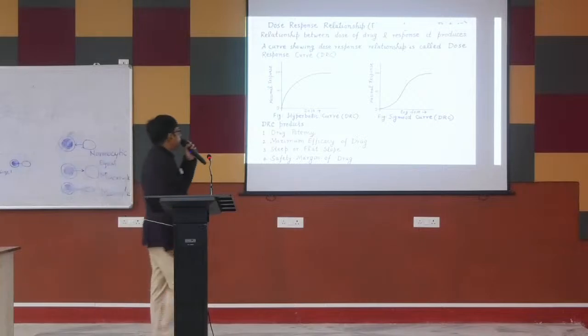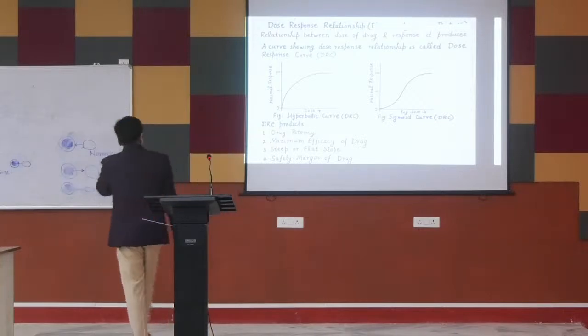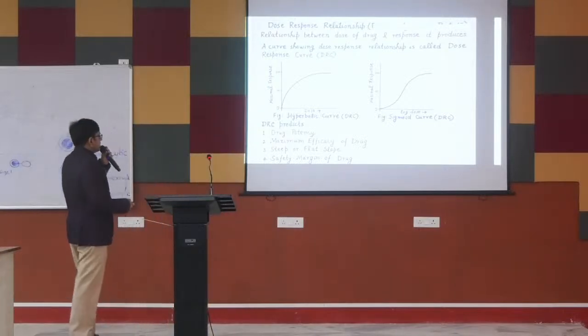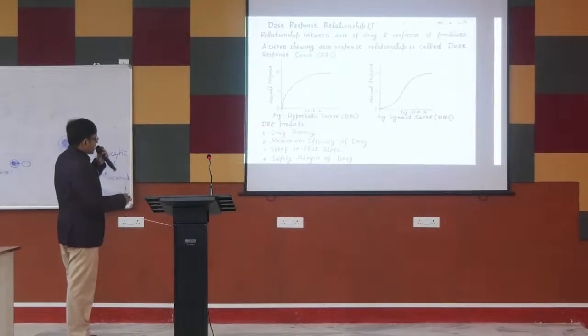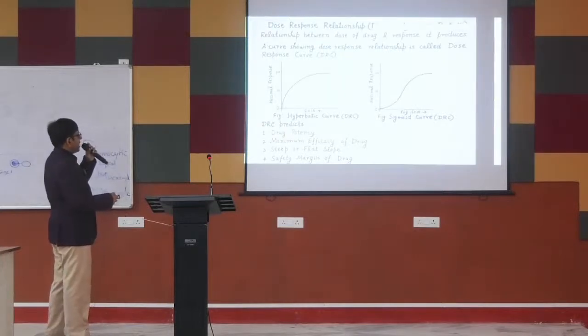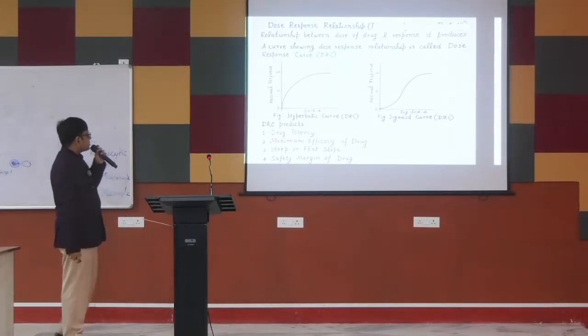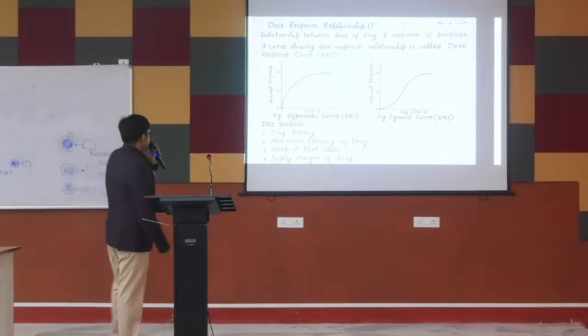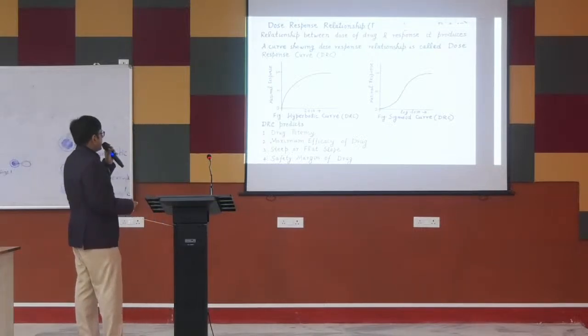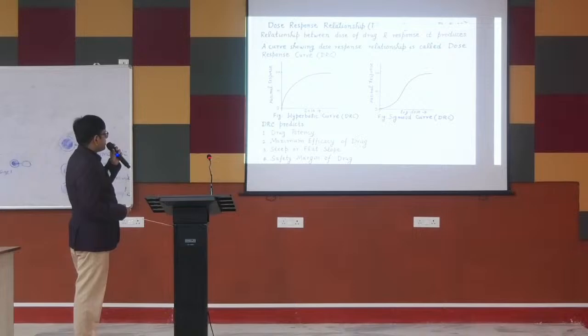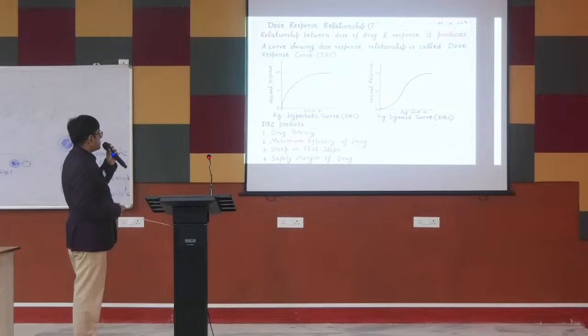Now we move on to our next topic called the dose response relationship. This is a curve. As you can see, it's a hyperbolic curve. It is called the dose response curve. What is it actually? Here, many patients are given different doses of a drug, and the response of that drug in those patients is recorded, and the different doses and their corresponding responses are plotted in a curve.